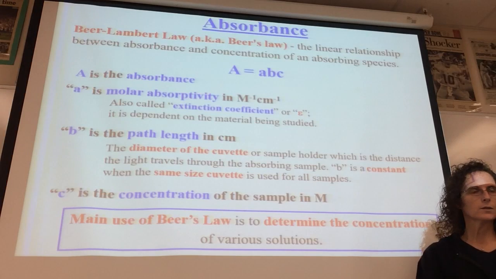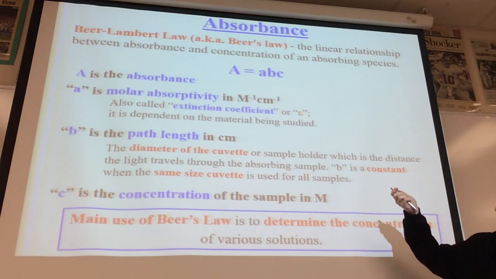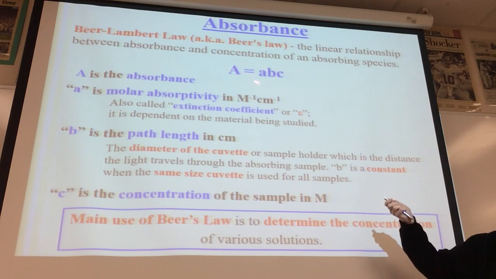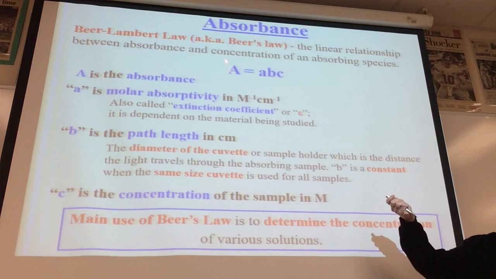One way that you can determine concentration from absorbance is using Beer-Lambert's law, shown here. This equation is given on your formula sheet for your AP exam. A for absorbance, this is what you're going to measure using the spectrophotometer. Little a, it also can be an E, like an epsilon.